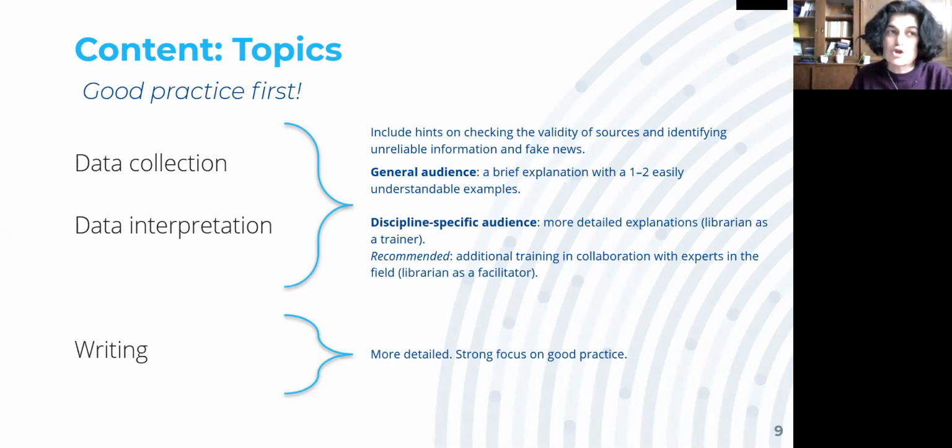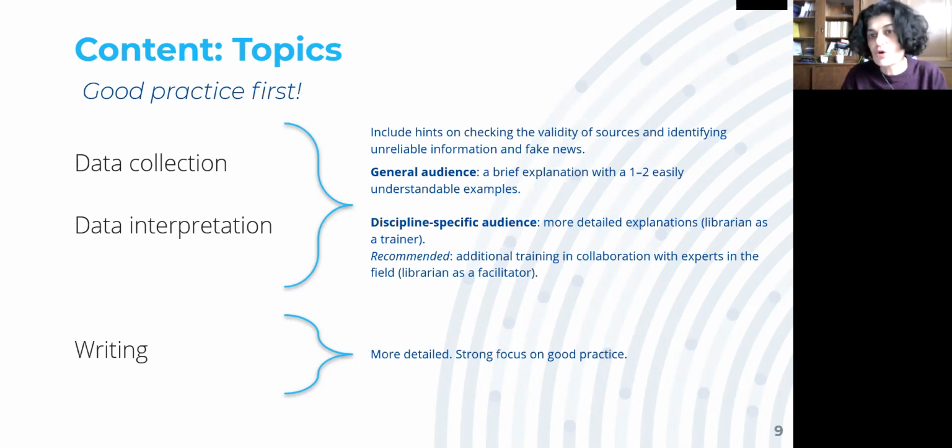But actually, when I work with general audience, mentioning too many examples that are discipline specific may be counterproductive. So it's always good to do more detailed training on these stages of research process for discipline-specific audiences, and it's also a good idea to involve researchers who know more about these processes of data collection.